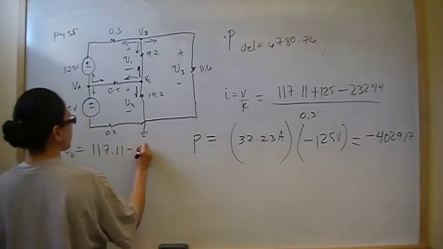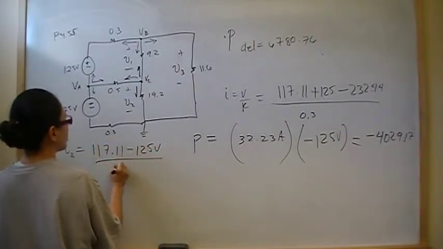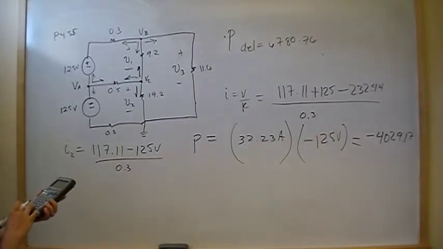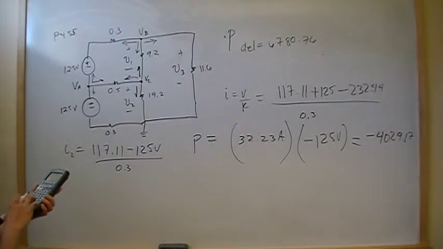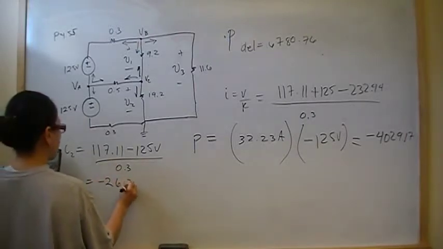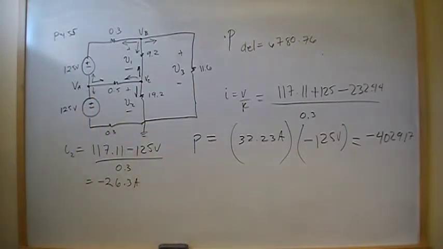So that's going to be minus 125 volts, over 0.3. So we got 117.11 minus 125. Divide that by 0.3. And that gives me negative 26.3 amps.